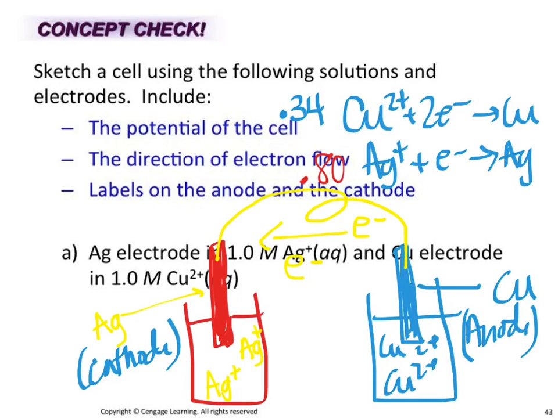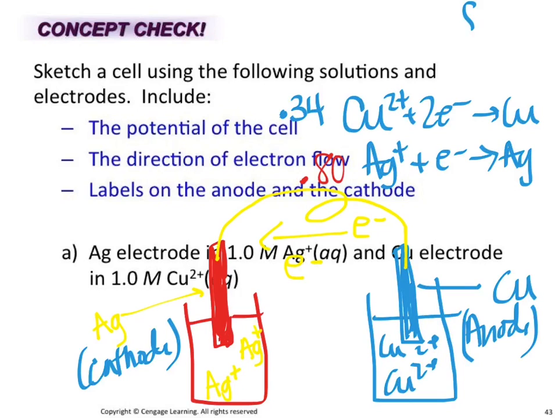So what is our cell potential then? We have 0.80 minus 0.34. So it's 0.46? Wait. We had 80 and 34, right?